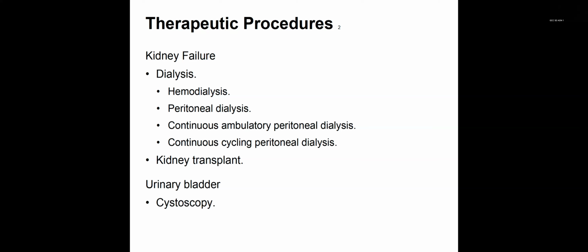Okay, so there are different types. You have hemodialysis, peritoneal dialysis, continuous ambulatory peritoneal dialysis, and continuous cycling peritoneal dialysis. And if these do not work, the patient will basically require some kind of kidney transplant. Okay, urinary bladder problems. We use cystoscopy. Basically, we use an endoscope in order to look at the lining of the bladder.